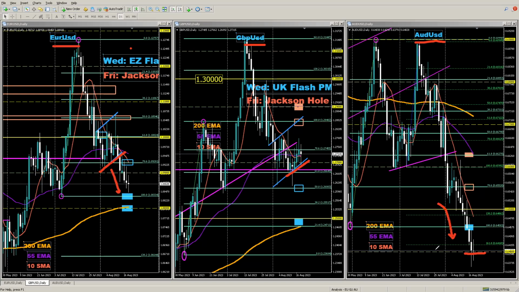Which means the US dollar is still recovering and climbing higher against these major pairs, and it's only the sterling pairs that have been trying to hold their support and fight for some foothold, while the other majors are still drifting lower.